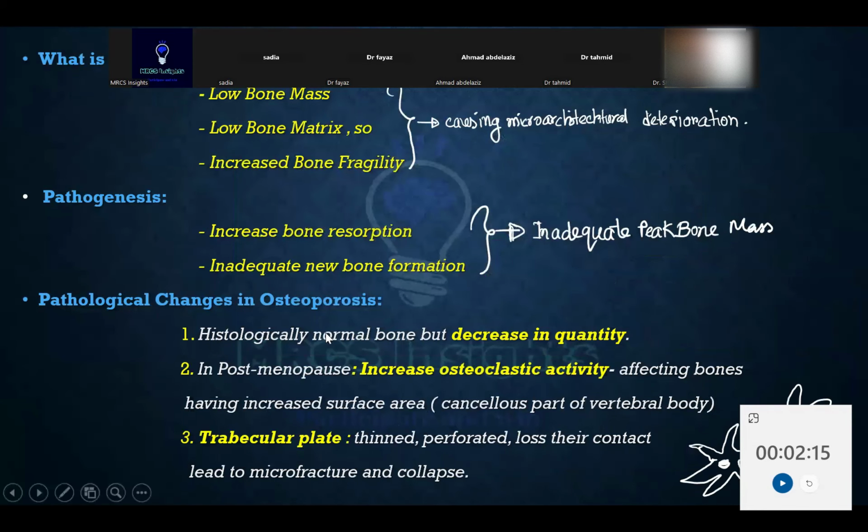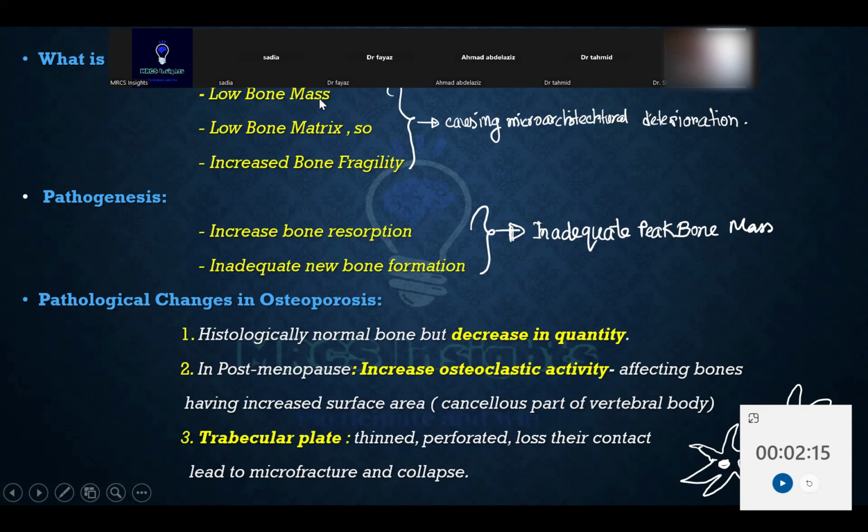Next, what is osteoporosis? You have told the definition and pathogenesis, but try to tell the examiners more specifically. So what is osteoporosis? It's a type of metabolic bone disease. What will happen here?